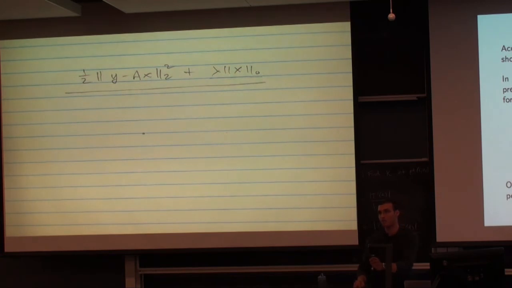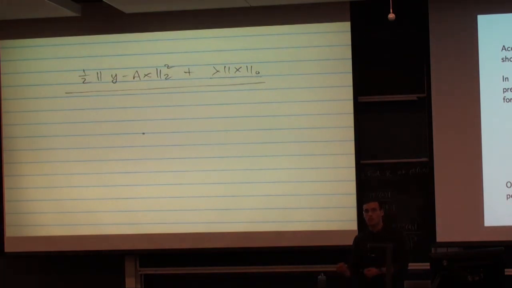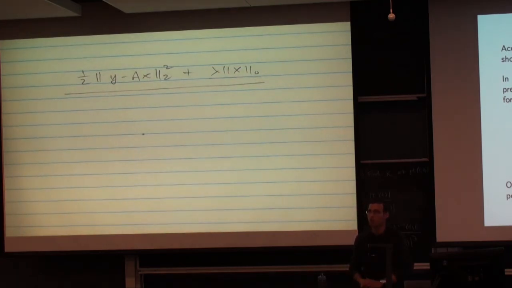If I change lambda a bit, my solutions here can jump, so it's not continuous anymore. Now you have to be concerned about local minima, but there's no reason why warm starting in general would help you.